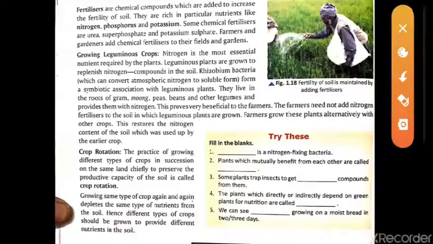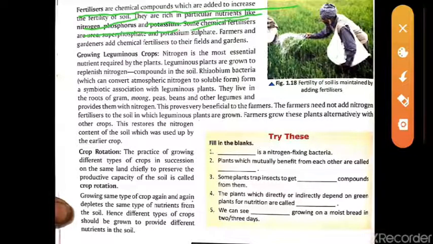So what is fertilizer? See, what I have told you all, it is a chemical thing. Fertilizers are chemical compounds which are added to increase the fertility of soil. They are rich in particular nutrients like nitrogen, phosphorus and potassium. What I have told you just before this, whatever we want, if we want phosphorus to be higher, or nitrogen to be higher, we can make it, but it is made chemically.